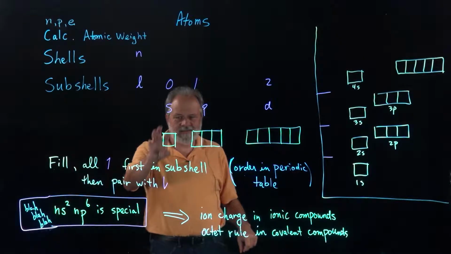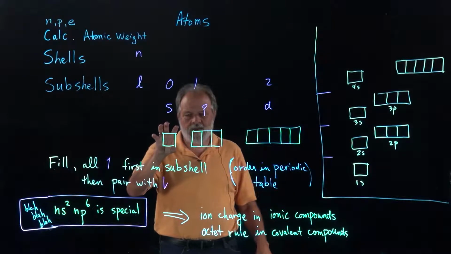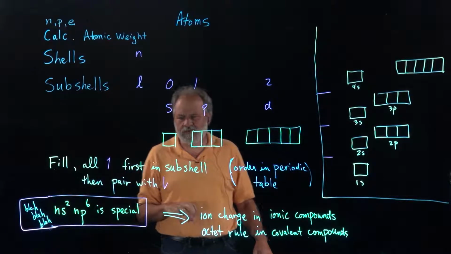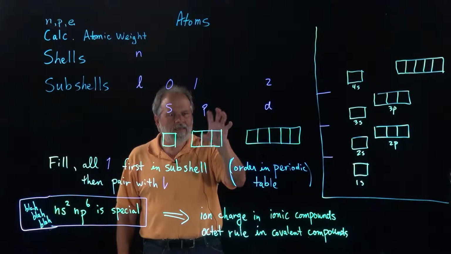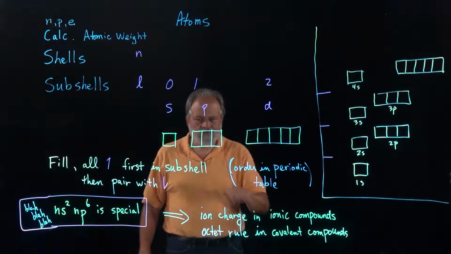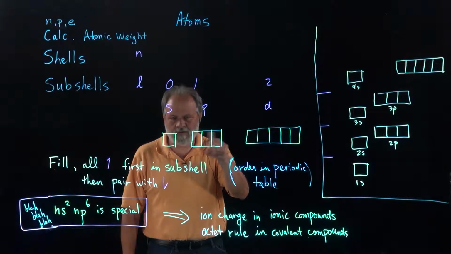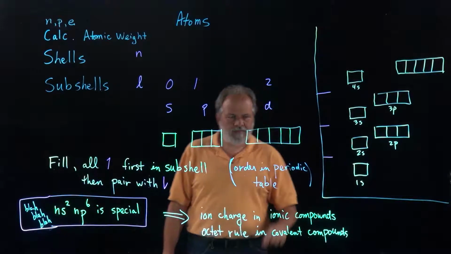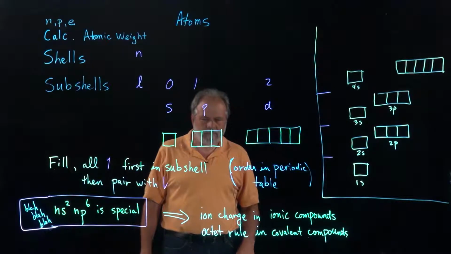The s can hold 2 electrons, and so we draw a box to put those 2 electrons in. The p type is made of 3 boxes, so it can hold up to 2 in each box, a total of 6. And then d can hold up to a total of 10 because there's 5 boxes.